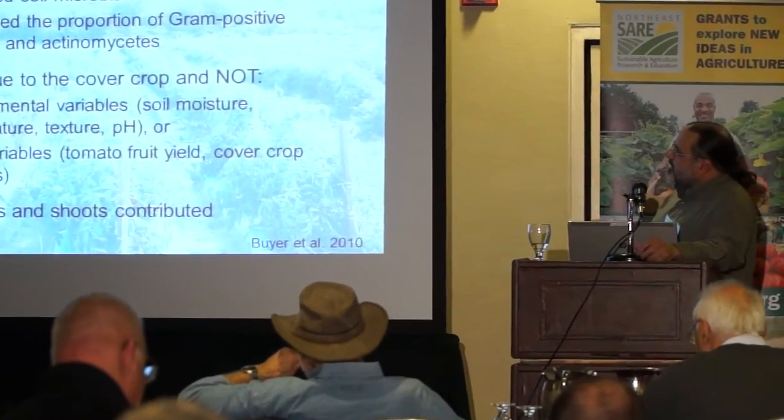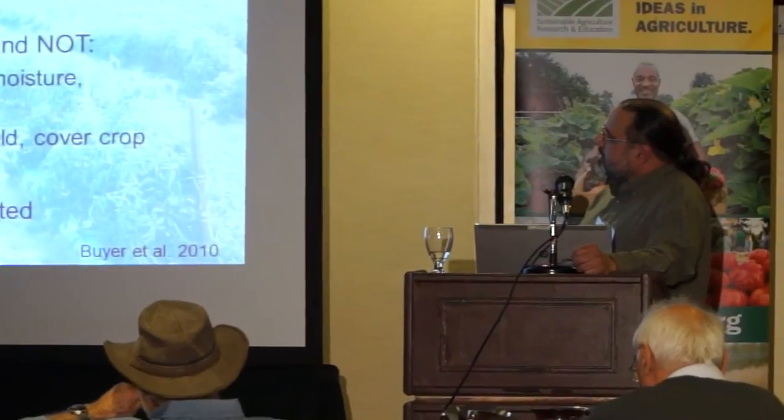You're feeding them more, keeping the living roots growing in the wintertime. It decreased the proportion of gram-positive bacteria and actinomycetes. These effects were due to the cover crop and not soil moisture, temperature, texture, and pH, all of which they measured. So it was just something that the cover crops were doing independent of that environmental control and independent of any of the variables measured in the tomatoes.